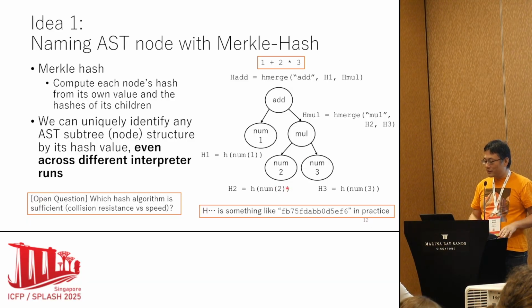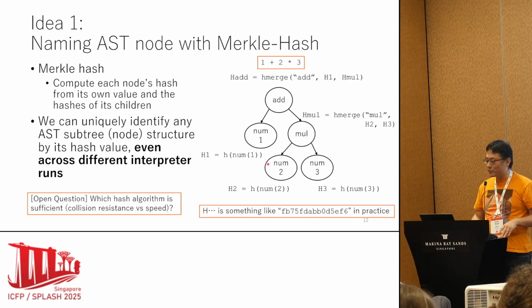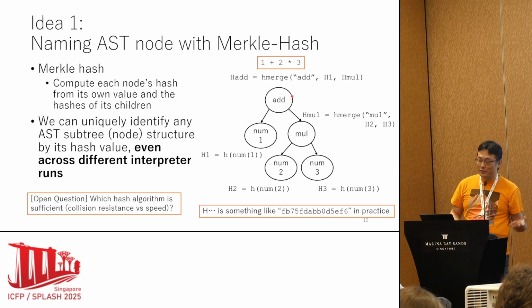In this case, we can calculate the node hash value from the leaf nodes num 2 and num 1, and the hash value of this node can be calculated from each child node. With the same algorithm we can get the hash values of all the nodes.